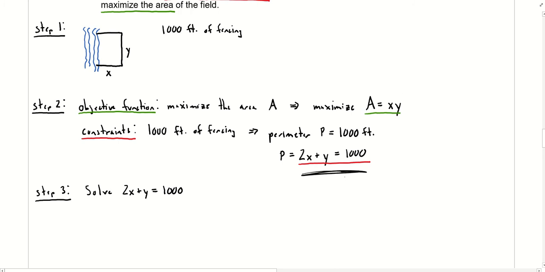So it shouldn't matter in terms of difficulty level whether you solve this for x or for y. In my notes, I have a solve for y, so I'm just going to go ahead and solve this thing for y. So solving this for y means I'm going to subtract 2x from both sides. So I'm going to have y equals 1,000 minus 2x.